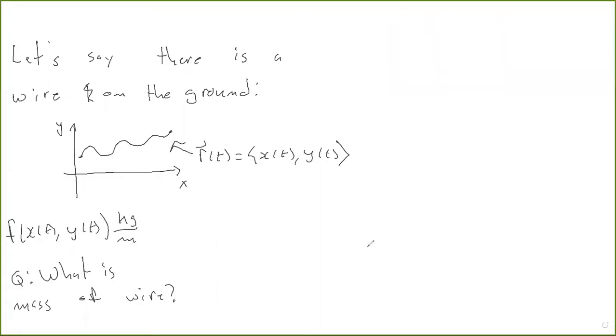So to do this, the first thing we're going to do is try to estimate with this sort of Riemann sum. Okay, so the idea then is along this curve, we're going to kind of break it up into a bunch of smaller subcurves like this.